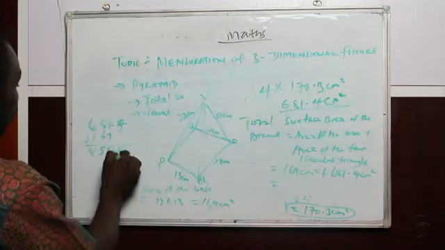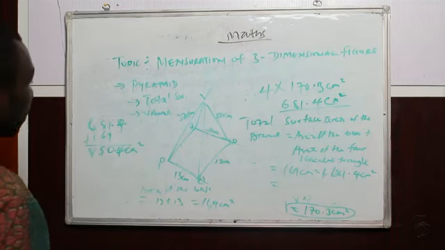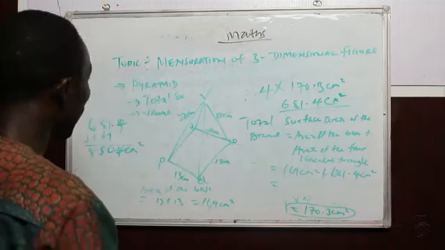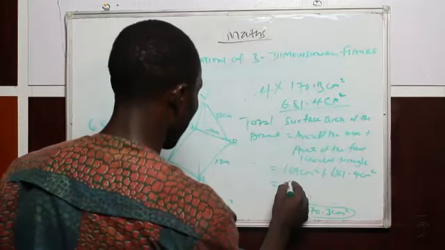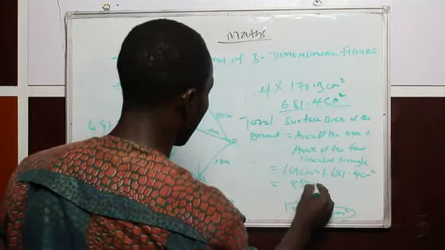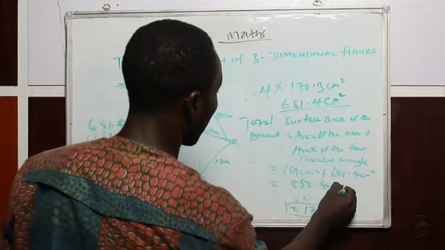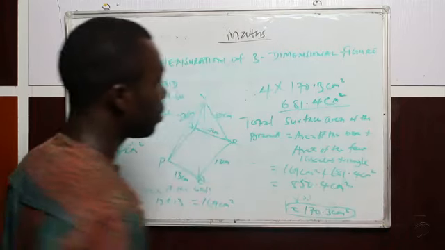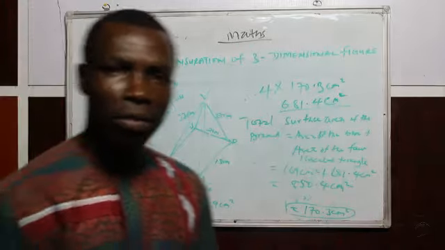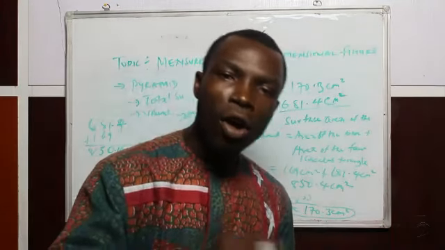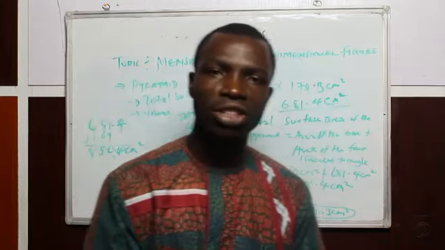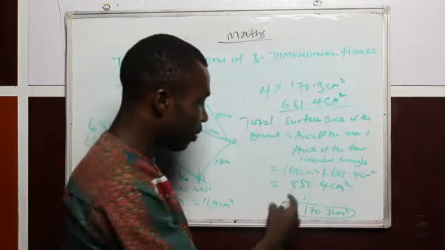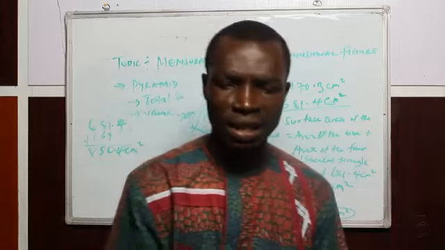That is the total surface area of the pyramid. Total surface area of the pyramid is area of the base plus the area of the 4 isosceles triangles, which gave us 850.4 square centimeter.